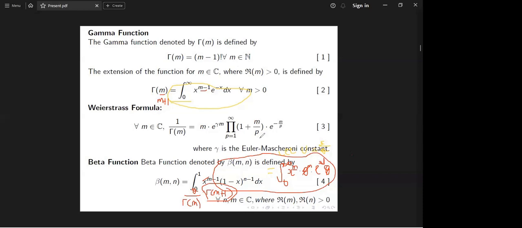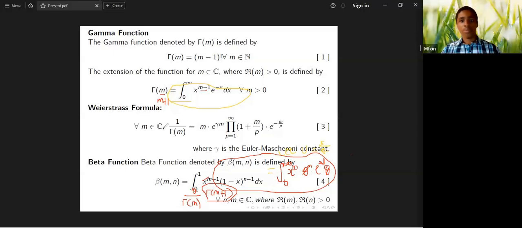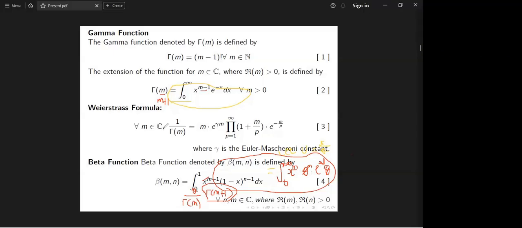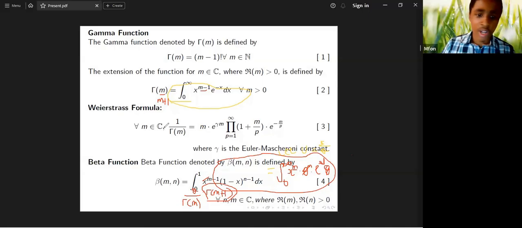I just want to ask, you restricted m to the set of natural numbers and not complex numbers, because I haven't seen you use complex numbers in the proof. There's no reason for not using complex numbers.